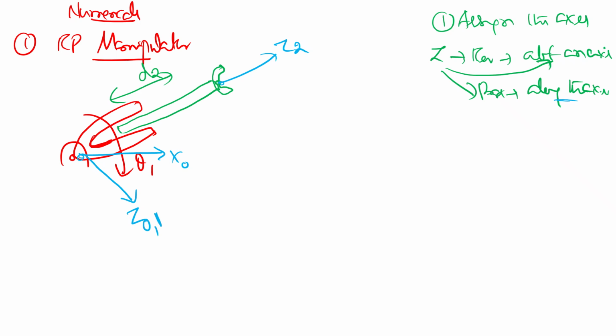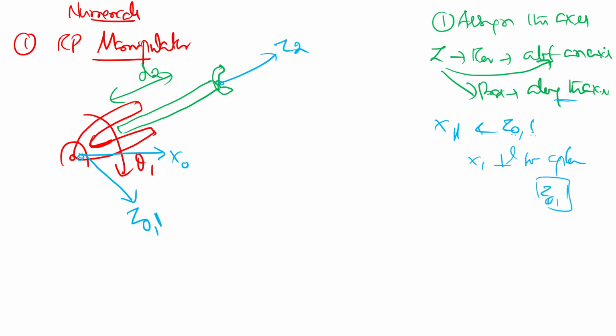So the first point is to assign the z-axes, then you assign the x-axis. If the axes are parallel, you have to draw the common normal. But here, if you want to mark x1, you have to consider z0 and z1. If z0 and z1 are intersecting, then x1 is perpendicular to the plane containing z0 and z1.